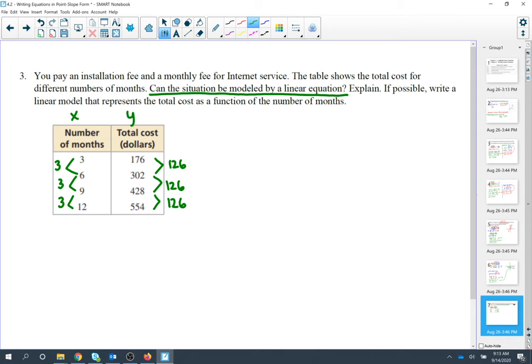So given that everything here is constant, I would probably say yes, this can be modeled by a linear equation because it has a constant rate of change.